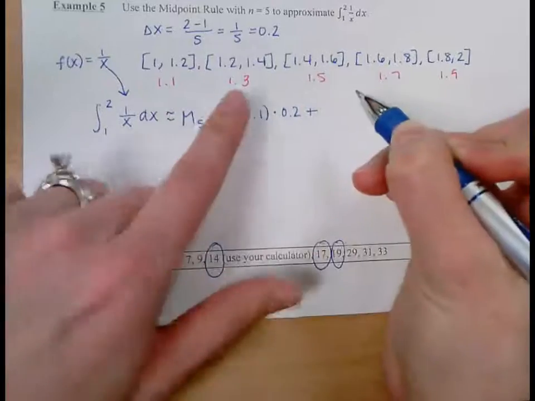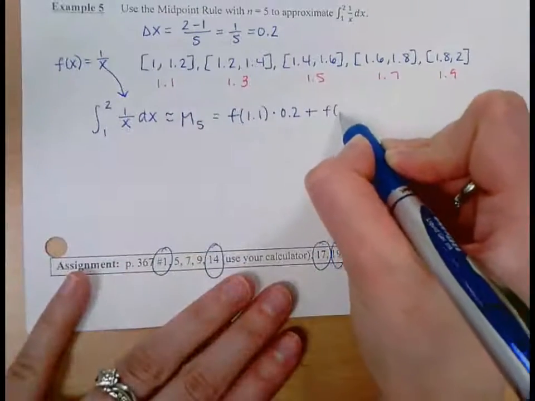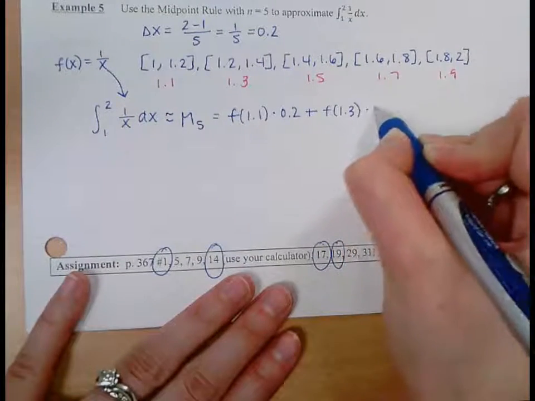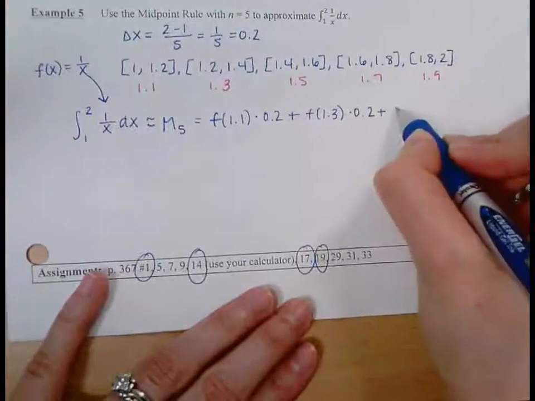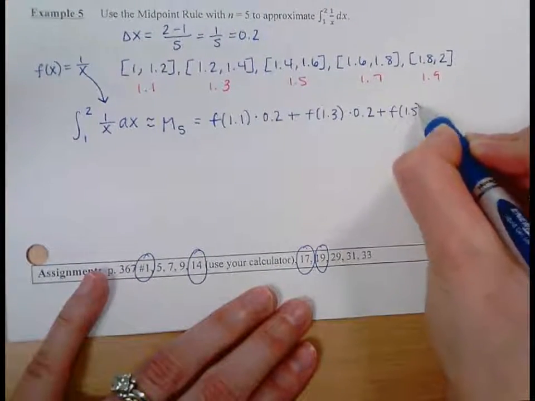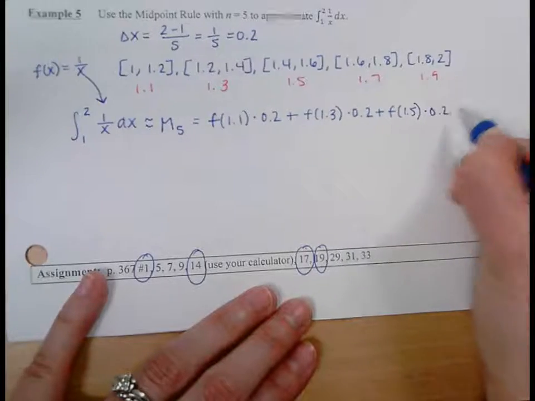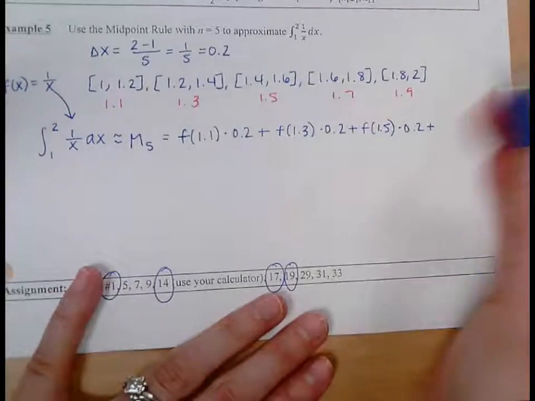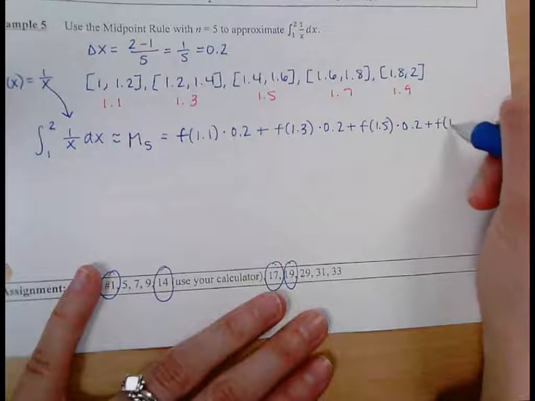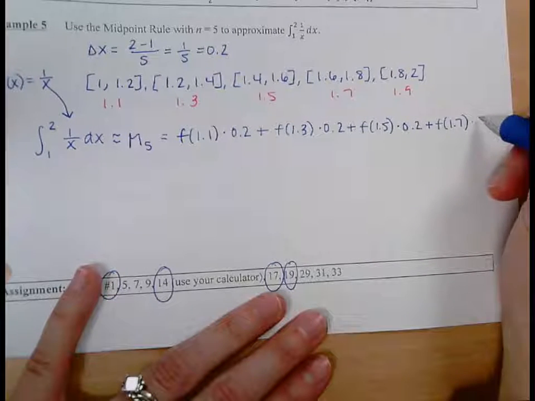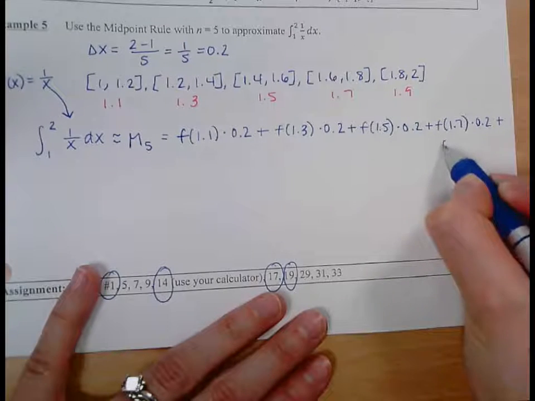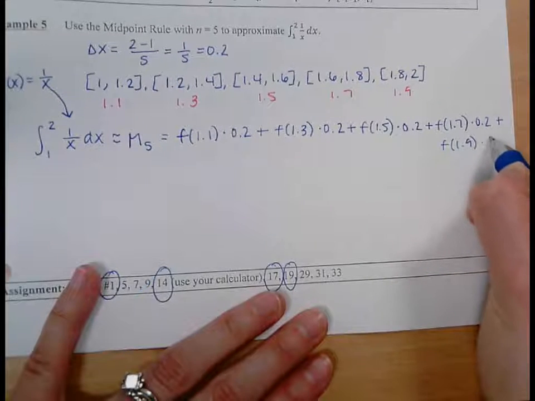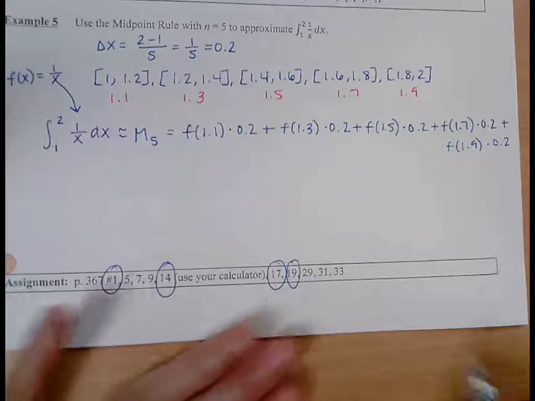And then plus my second rectangle would have a height of f of 1.3 multiplied by a width of 0.2. My third rectangle would have a height of f of 1.5 multiplied by a width of 0.2. Fourth interval, f of 1.7 times a width of 0.2. And the last one, a height of f of 1.9 times a width of 0.2.